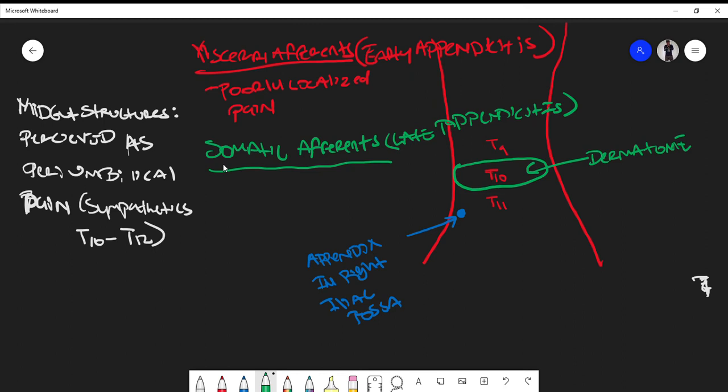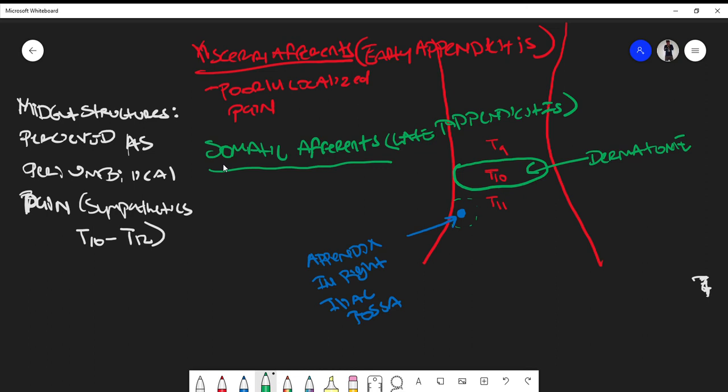The appendix makes contact, and I can't draw the parietal peritoneum here, but it gets larger and makes contact with the parietal peritoneum in the iliac fossa, which is a body wall structure, and it's innervated by the somatic nerves.